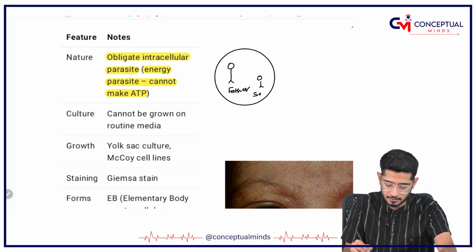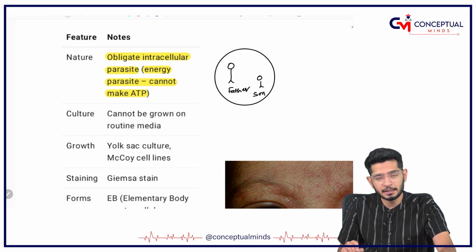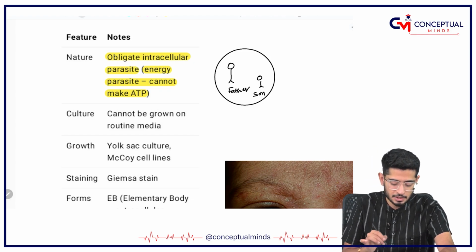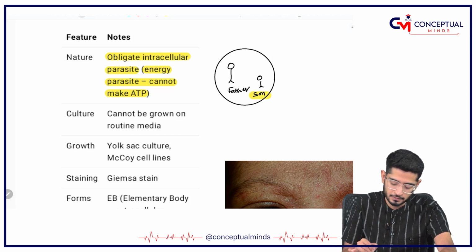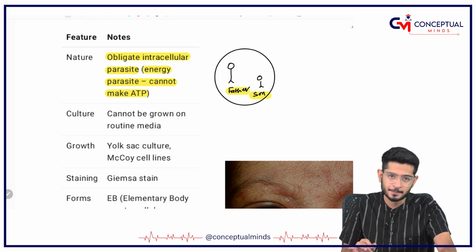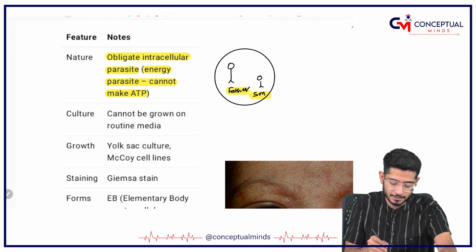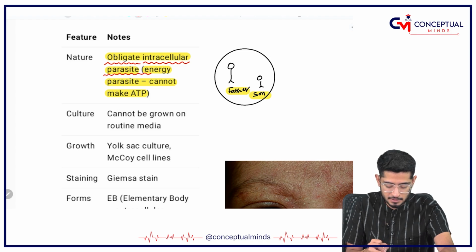Until a certain age, the son can't earn money. The son has to live with the father in the same house. But Chlamydia, my dear friends, is an obligatory intracellular parasite. That means it is an energy parasite, that means it can't make ATP on its own.